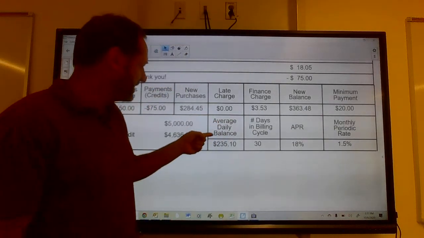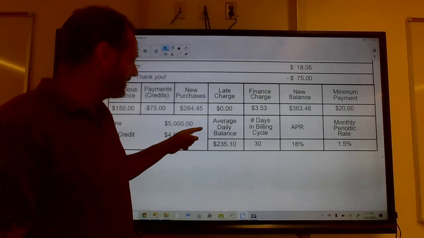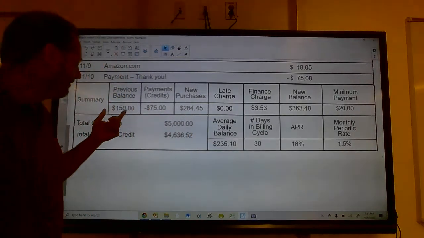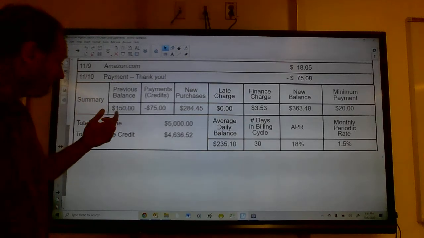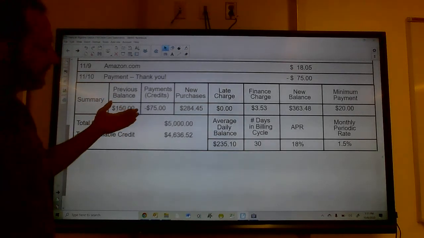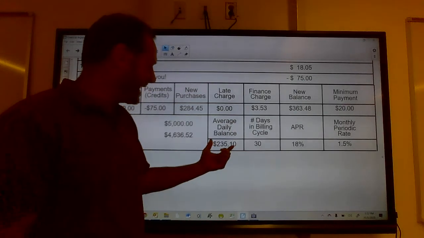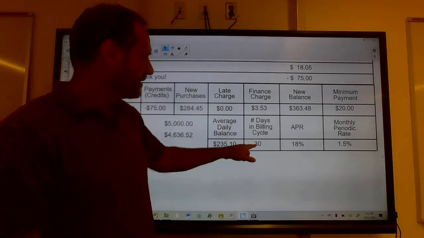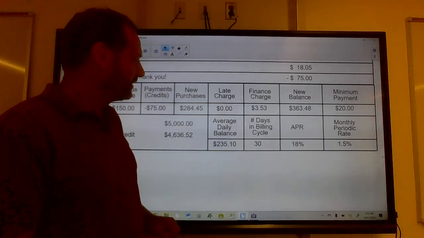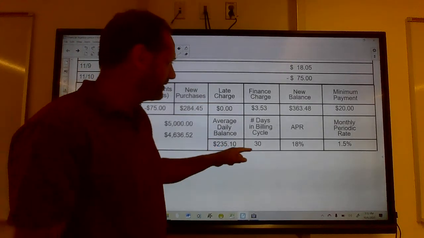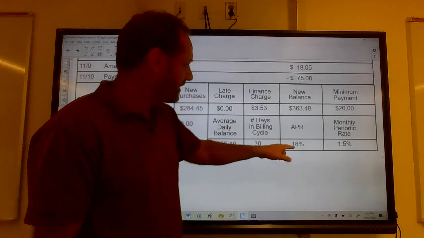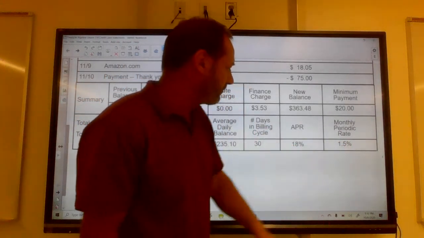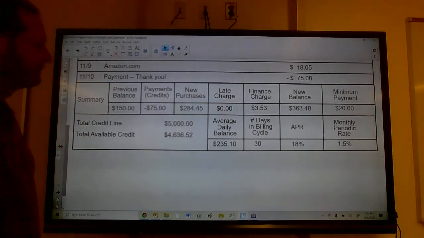Okay, average daily balance. So what they did was they figured out how many days of the month your balance was $150. How many was it each amount? And then they averaged that out. It came to $235.10. 30 days in the billing cycle. So they take this times the monthly periodic rate of 1.5%.